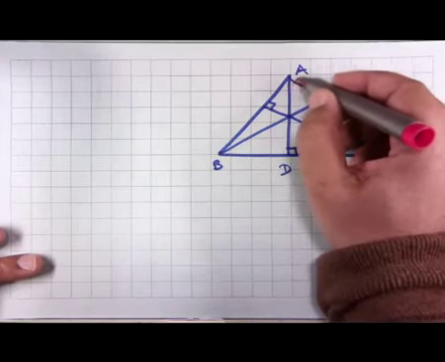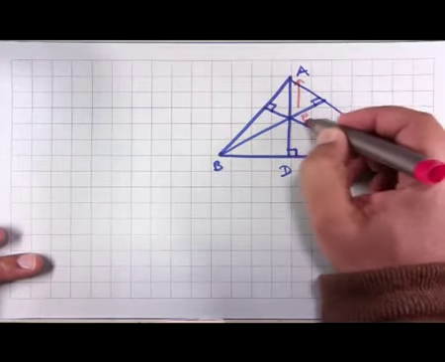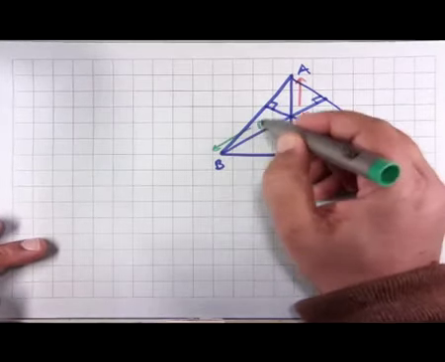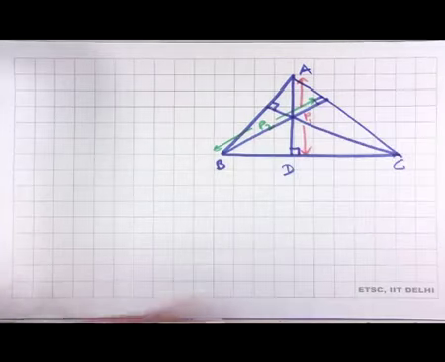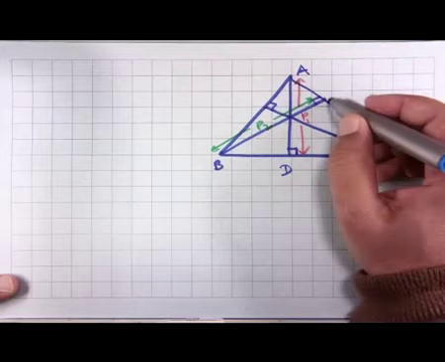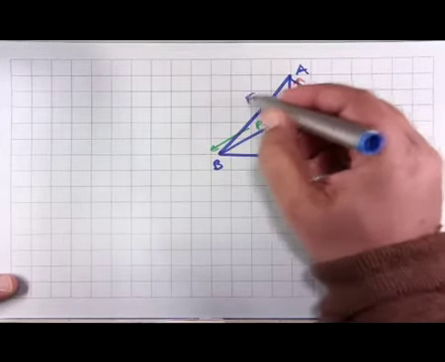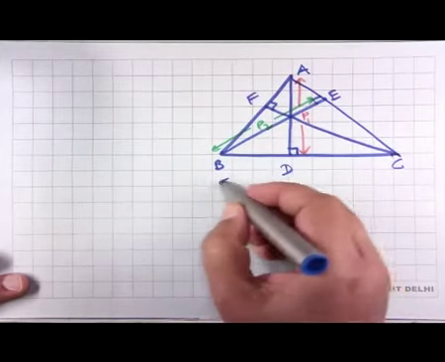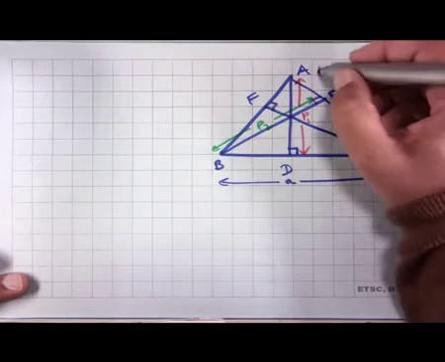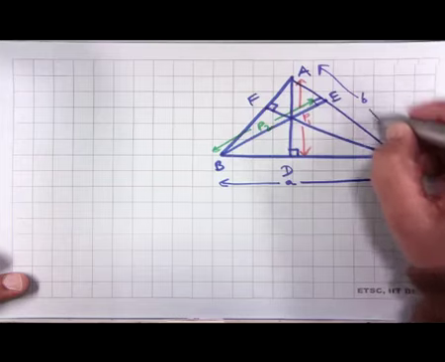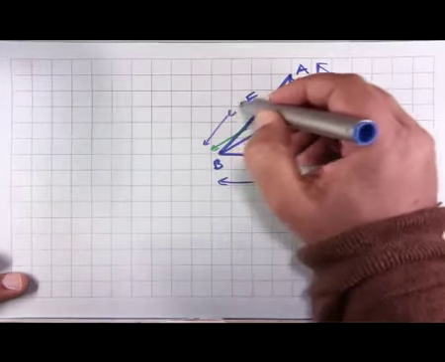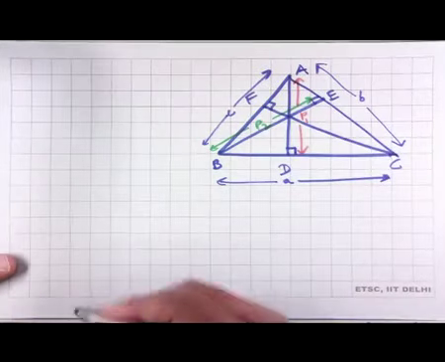So, let this length be P1, let this be P2, and let the third one be P3. Of course, we represent this length by A, the length of this side by B, and the length of this side by C.